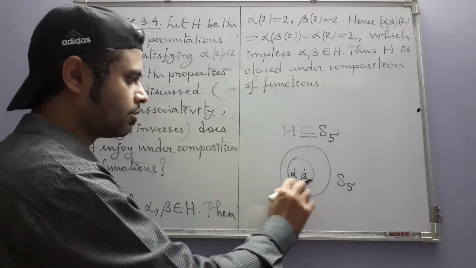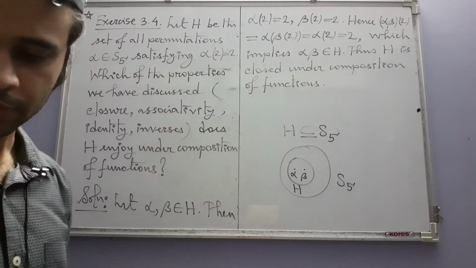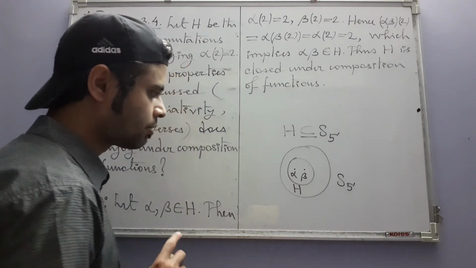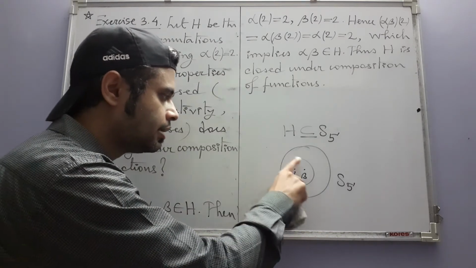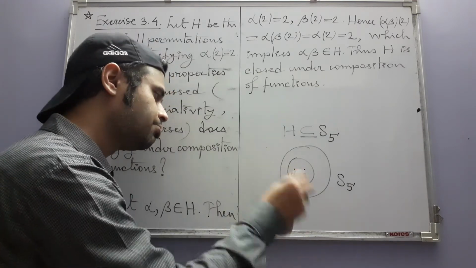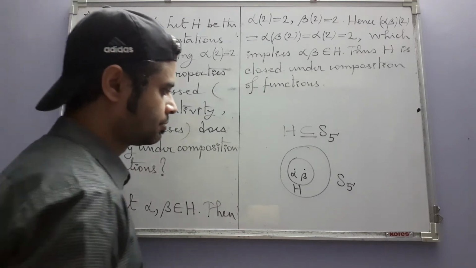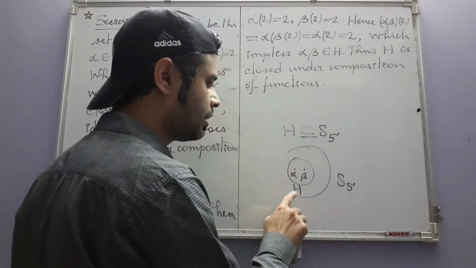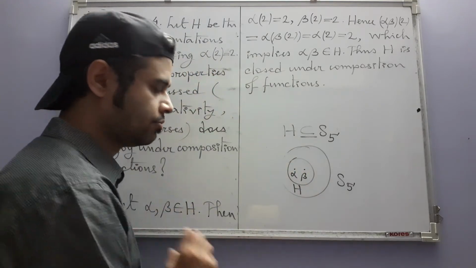It does not follow from the things we did before, and this fact is expressed by saying that H is closed under composition of mappings. So you take things from within H, compose them, you are going to be inside H. You cannot get out of H. H traps all the happenings from within itself in itself.